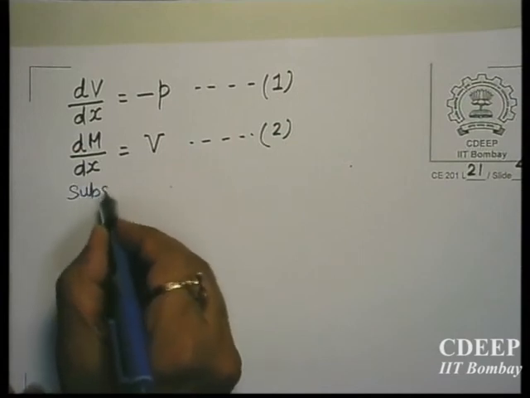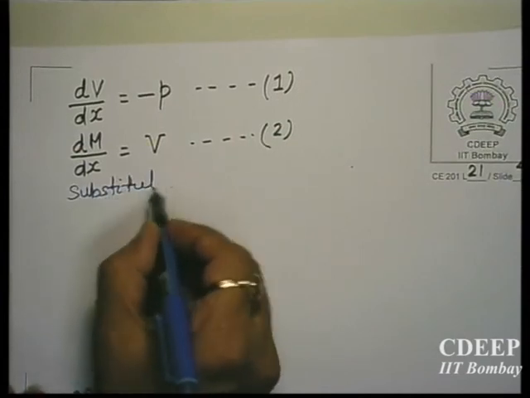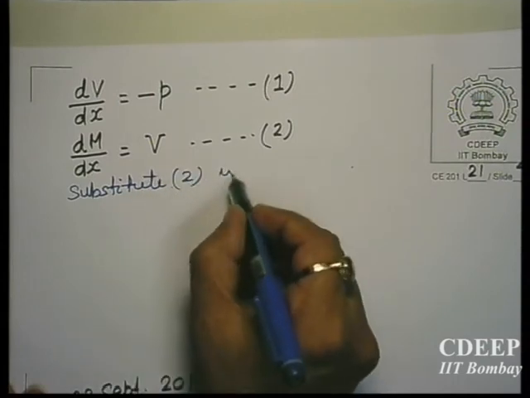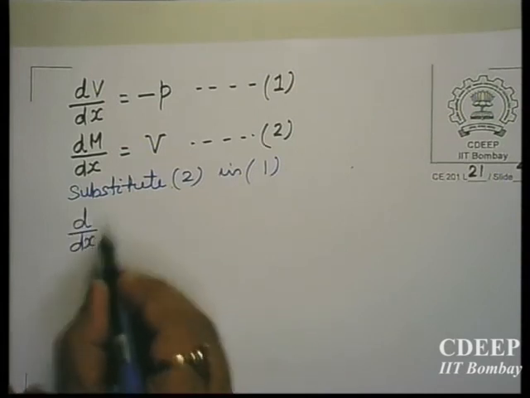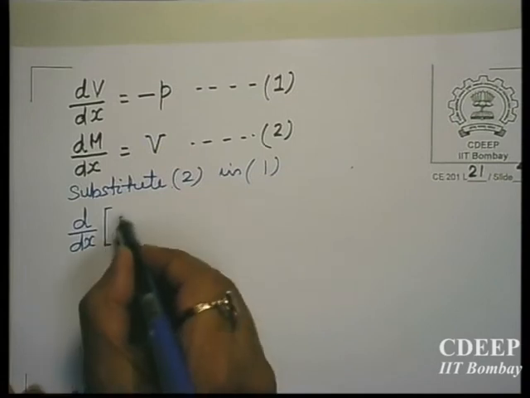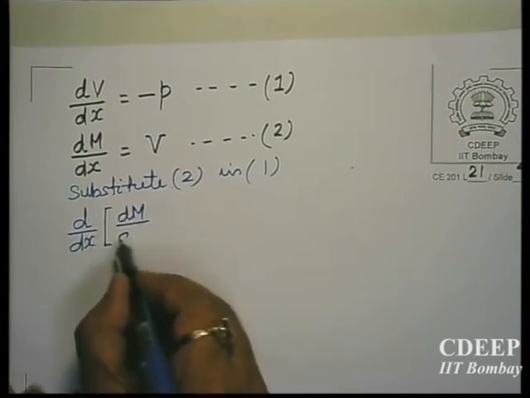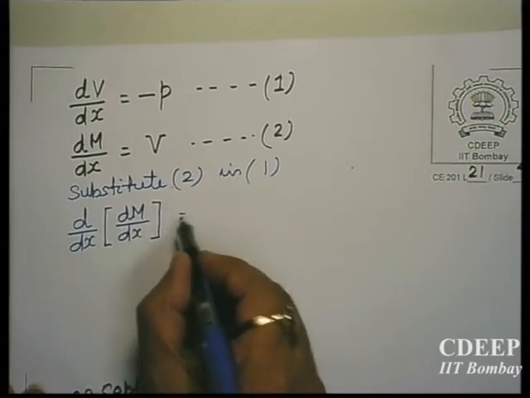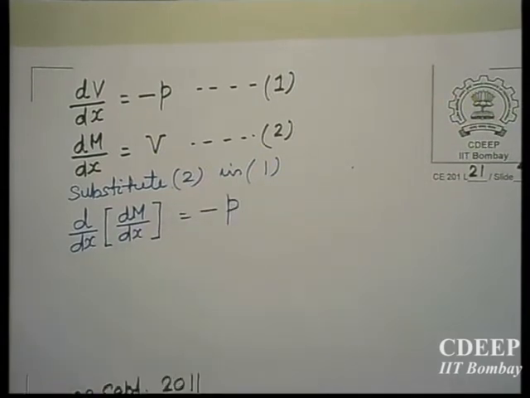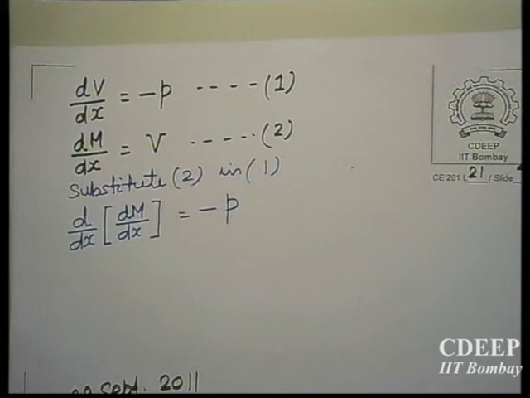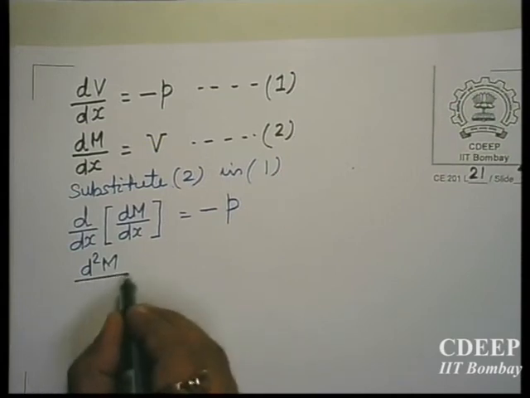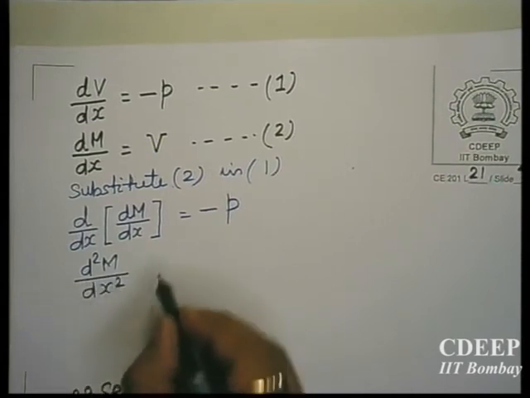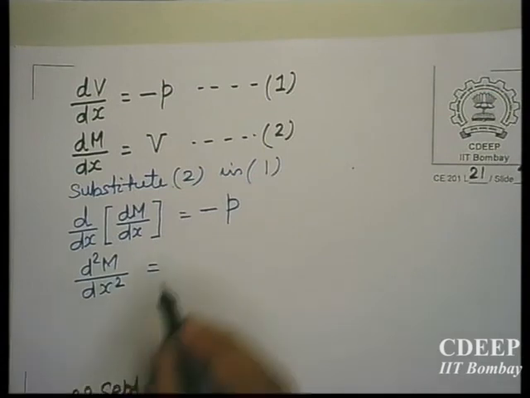Substitute 2 in 1, like this: d upon dx of (dM by dx), since V is equal to dM by dx, equal to minus p, and therefore, we get here the second derivative of M with respect to x equal to minus p.